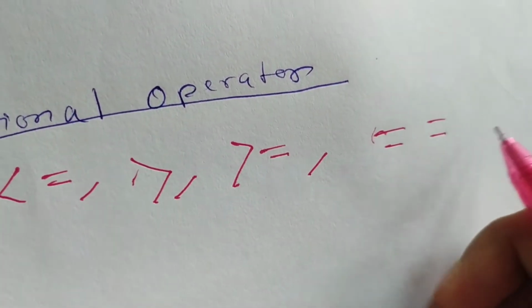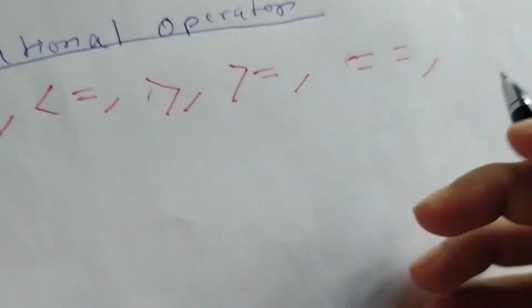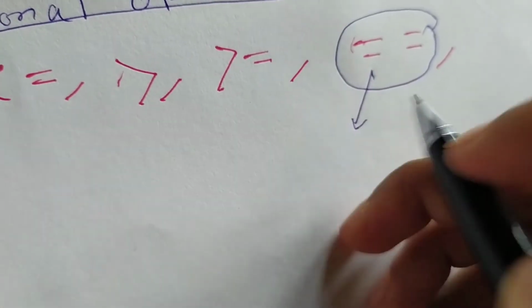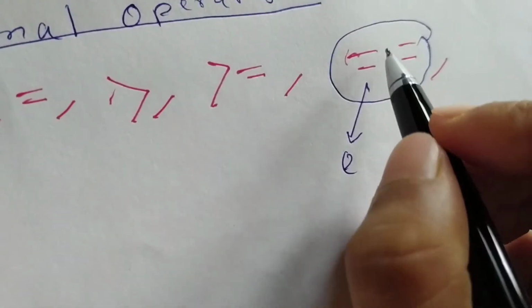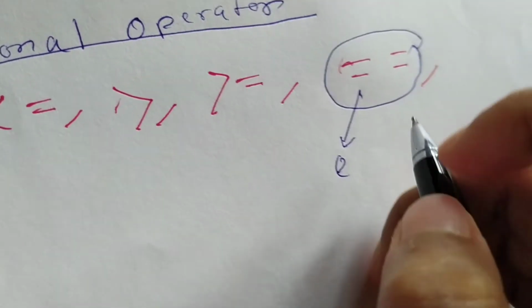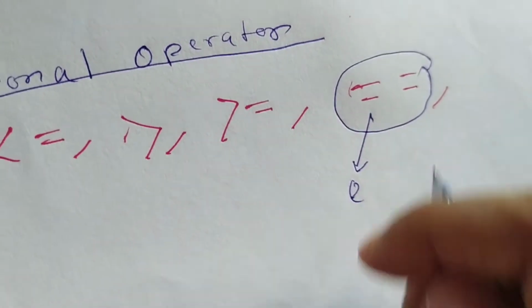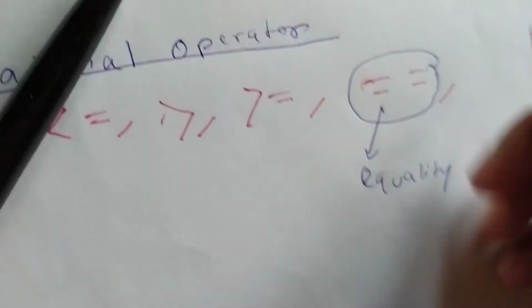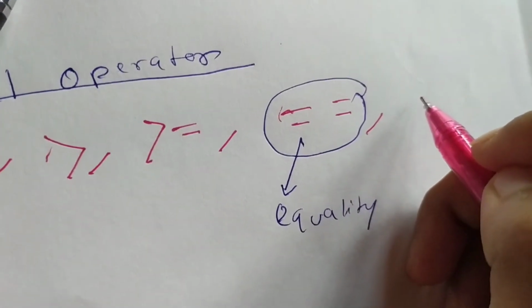This is the equality operator. In C programming we use double equals as the equality operator. That means if this operator is put between two values, then according to C language those values are equal. And the last operator is the not equality operator.